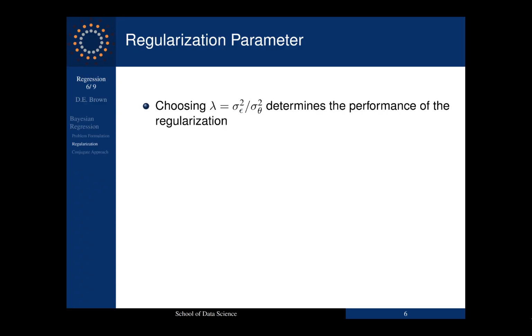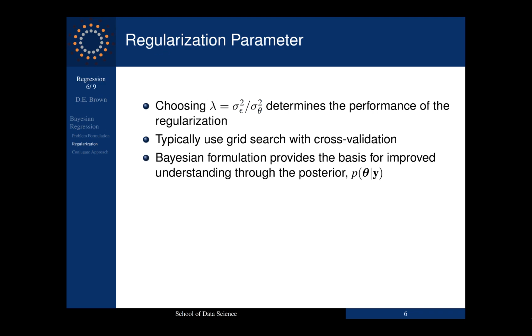So when we look at classic ways of doing this, we're searching with a grid search or cross-validation, that kind of thing, to try and find lambdas. But again, with a Bayesian approach, we now have a basis for understanding what it is that that lambda value is and what it means for the particular problem that we're working on.